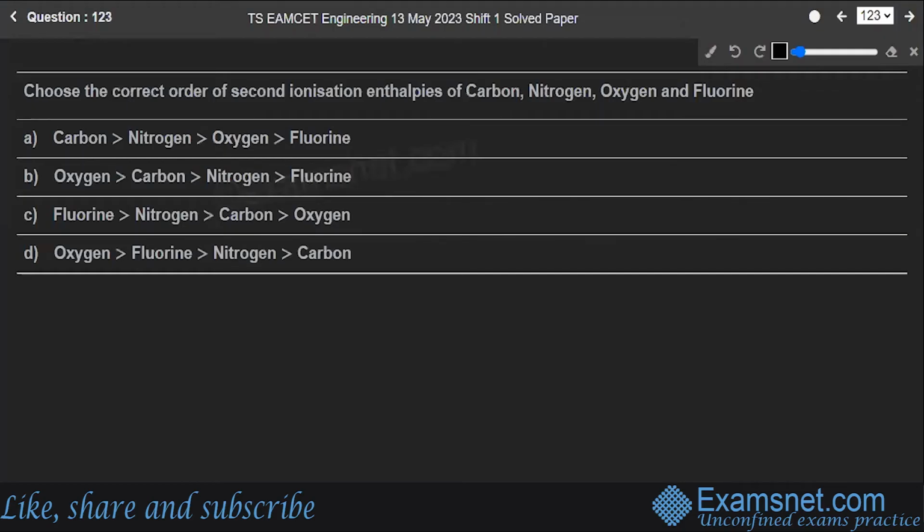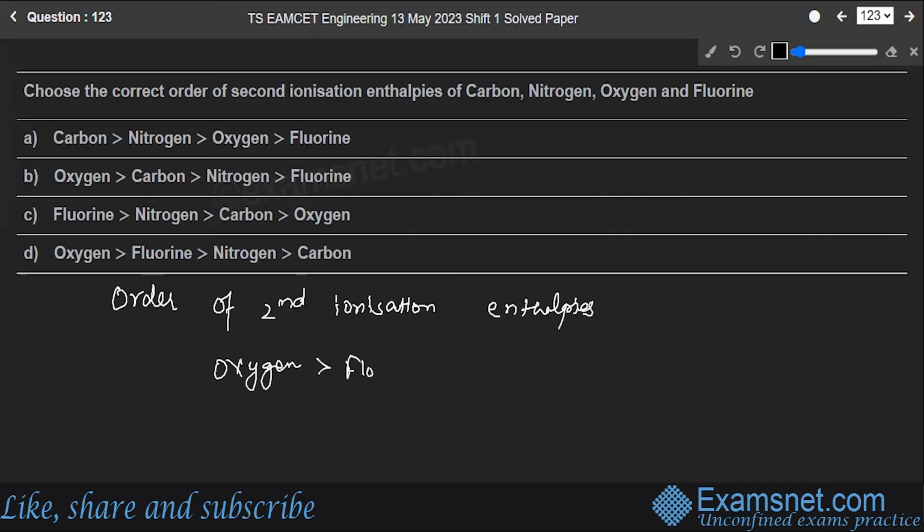You have to choose the correct order of second ionization enthalpies of carbon, nitrogen, oxygen, and fluorine. See, the correct order of second ionization enthalpy is given by first you have oxygen. Let's write it properly. Order of second ionization enthalpies is given by first you have oxygen followed by fluorine, nitrogen, and last you have carbon.